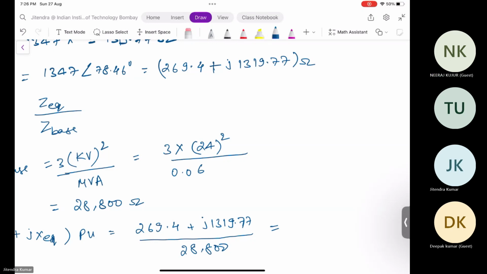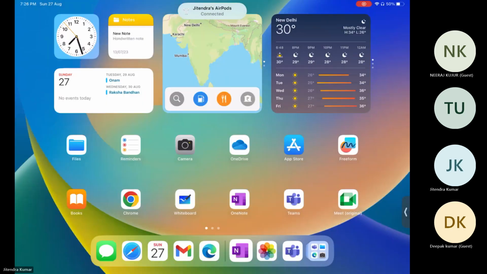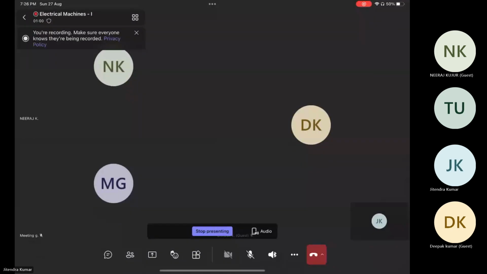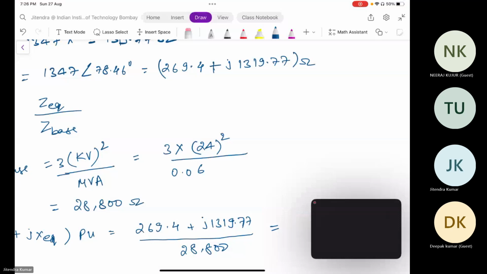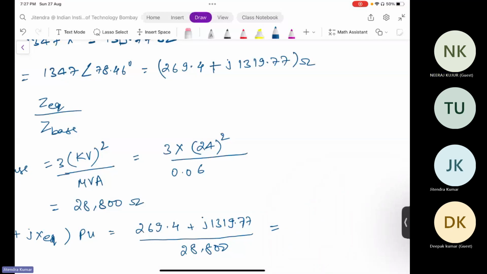Hello. Hello, are you able to see my screen? Yes, sir. Yeah, so could you please let me know the values?